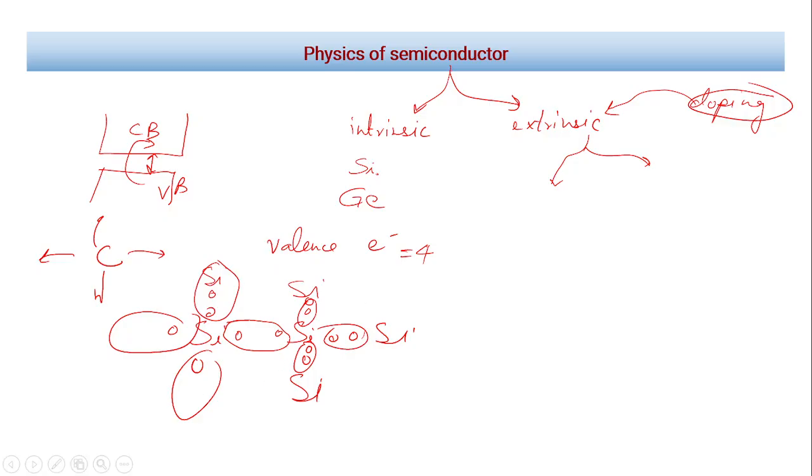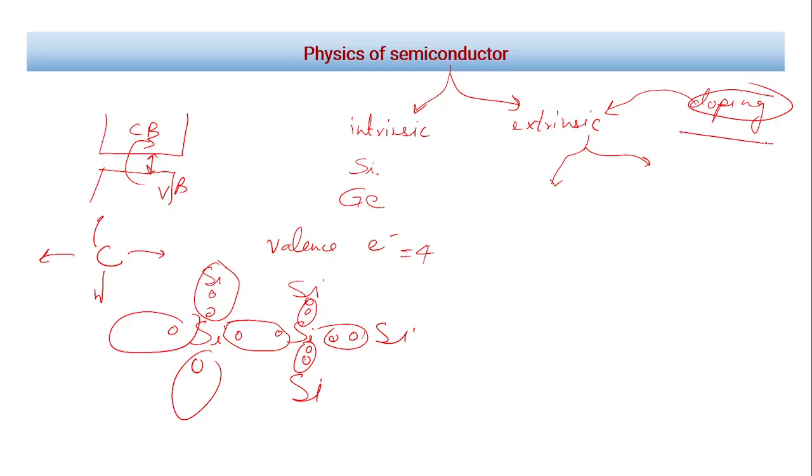But even with this, the thing is that their energy gap is very small. So even with a small thermal excitation or electrical excitation, we can get conduction. But we can increase this if we add or remove electrons.